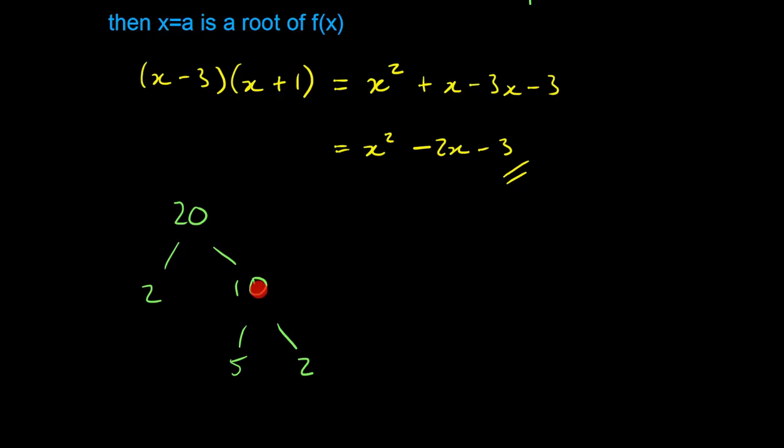Then I also know that 10, which is 5 times 2, is also a factor of 20. So in this case, if I know that x minus 3 and x plus 1 are factors, I also know that x minus 3 times x plus 1 is also a factor. That's the logic.